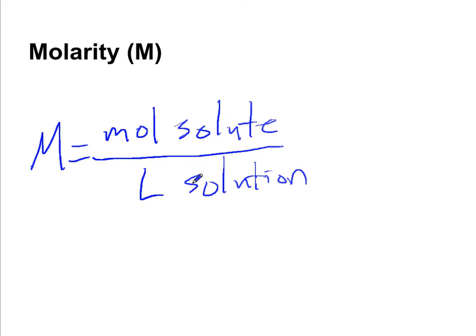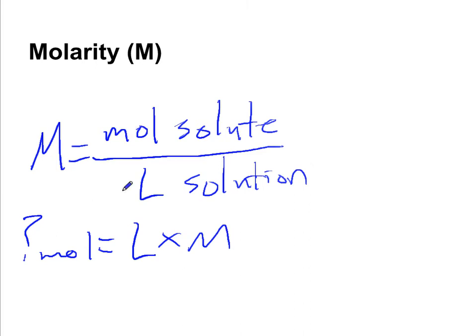Now this can be treated as kind of an algebra problem where you could be given the concentration and volume of a solution and asked to find the number of moles. To find the number of moles, you would just multiply the volume times the molarity. That would give you the moles on the side of the equation by itself.